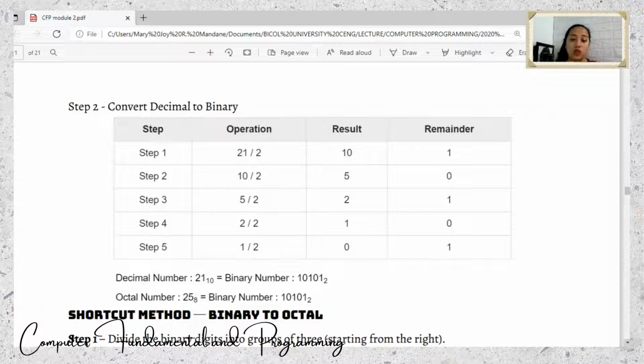And 1 over 2 is 0, then the remainder is 1. So, ang gagawin natin, babalikan natin: 10101. Huwag niyo kakalimutan: pag binary base 2, pag decimal base 10, pag octal base 8. Okay. So, nakita ninyo, the octal number is 25, so base 8. Then, yung decimal number 21, so base 10, and ito yung binary.